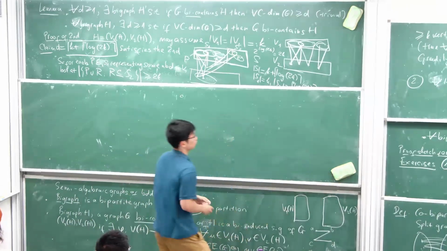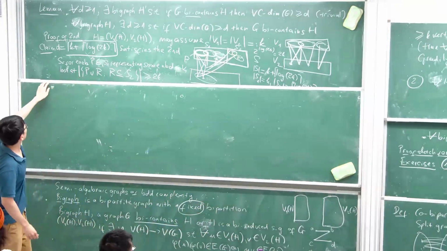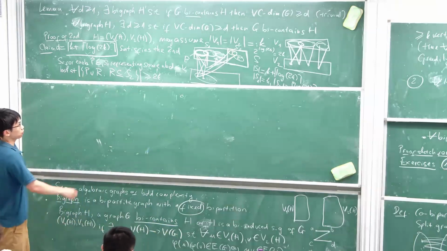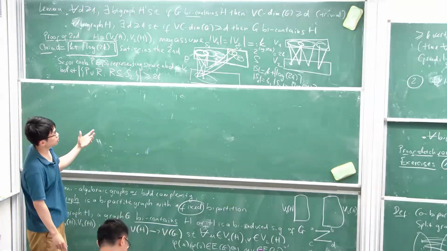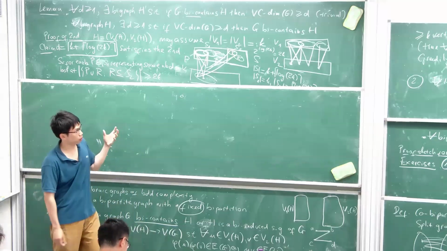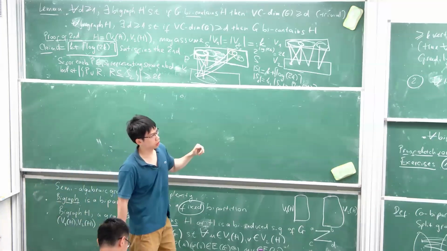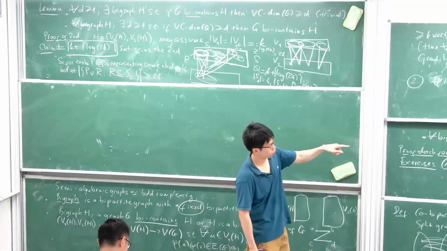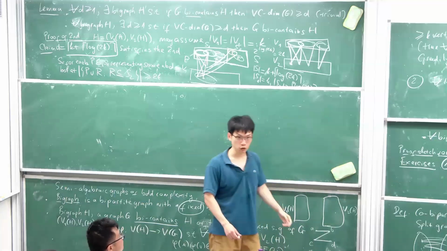From the second statement of this lemma, it suffices to find a bigraph H so that if the graph G contains H as a bigraph, then it's going to contain H1, H2, or J as an induced subgraph.